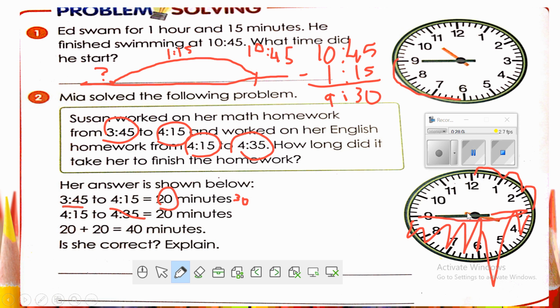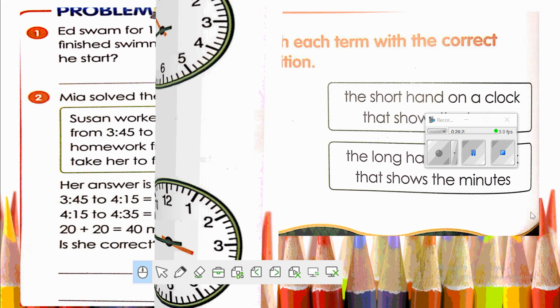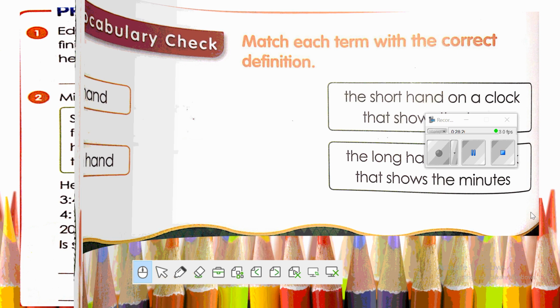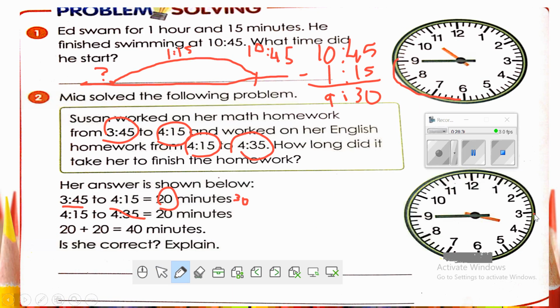Sorry, wait. Let me erase it again. She said from 4:15. Yes, so here is 4:15. The minute hand is on 3. So I want to go to 4:35. Should be here. So I'm counting here 5, 10, 15, 20. So this one is right.